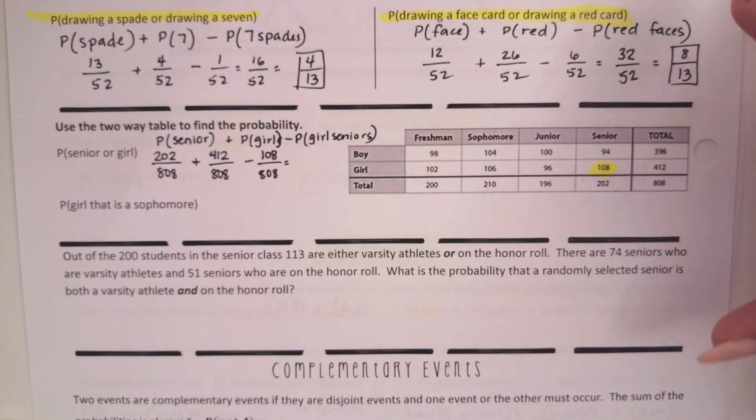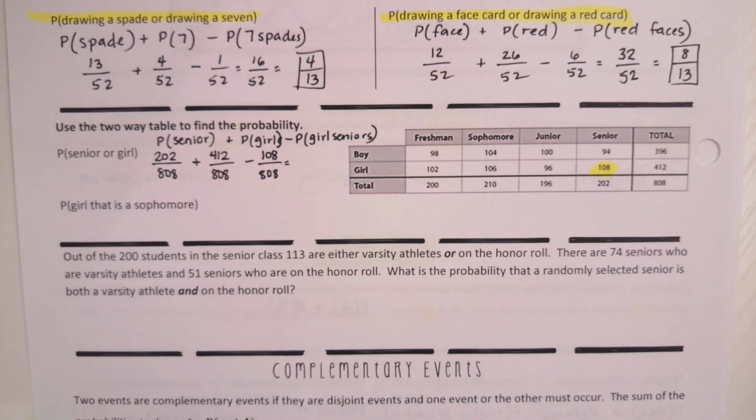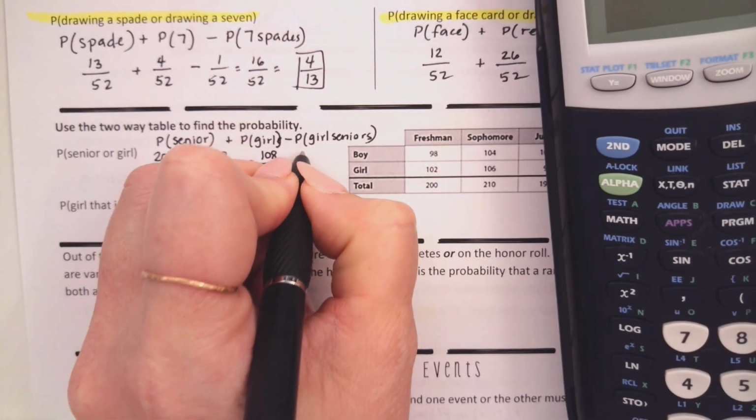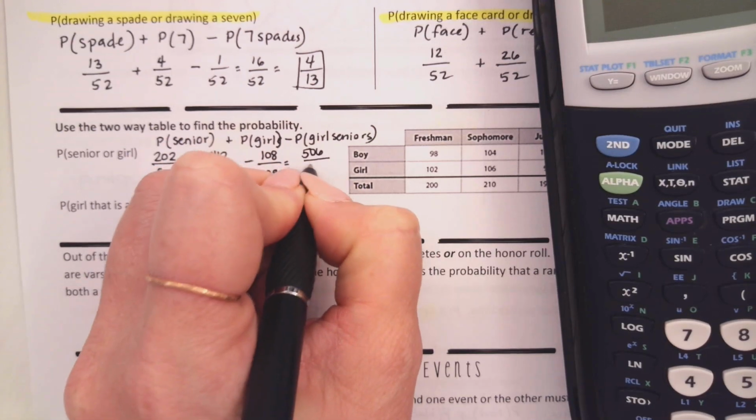If we add and subtract, how many does that get? 506. 506 over 808.